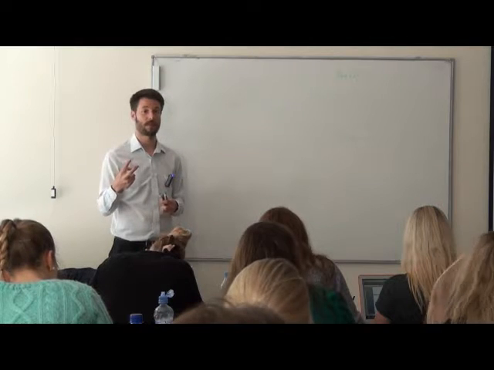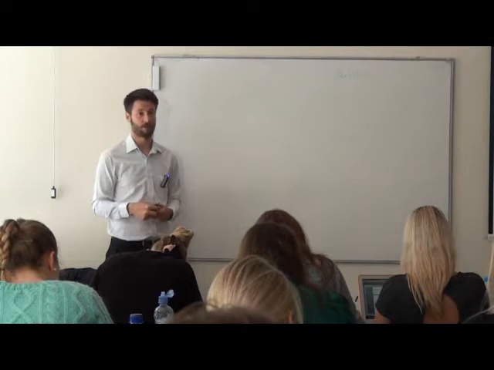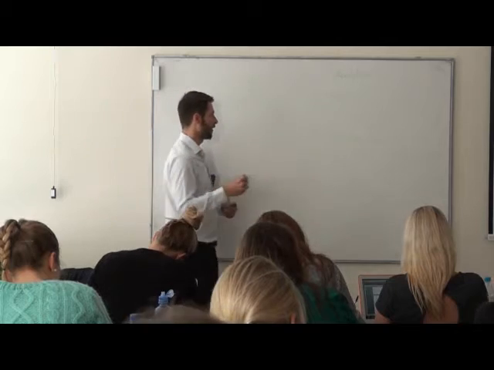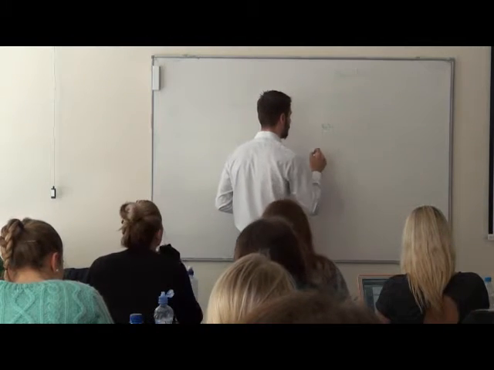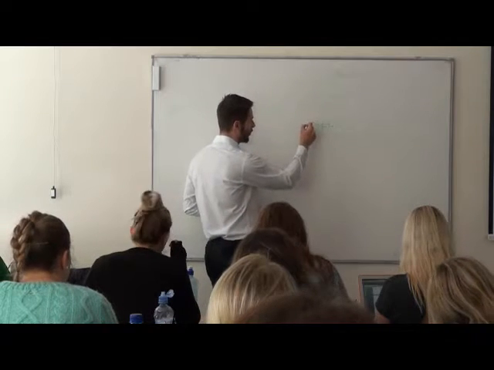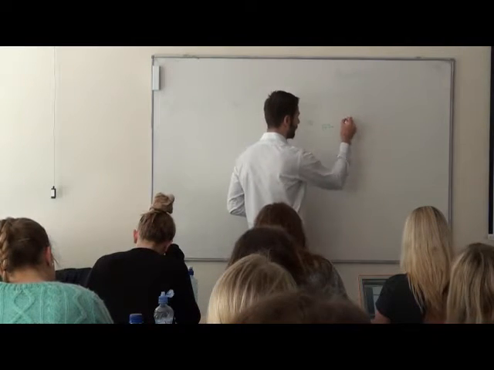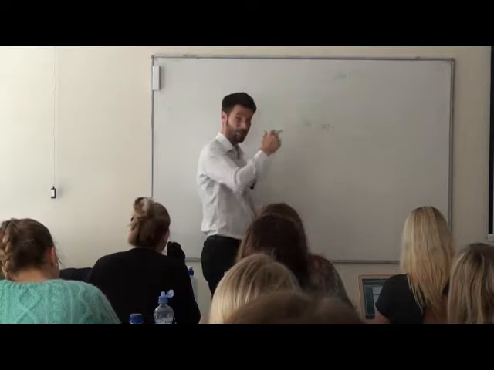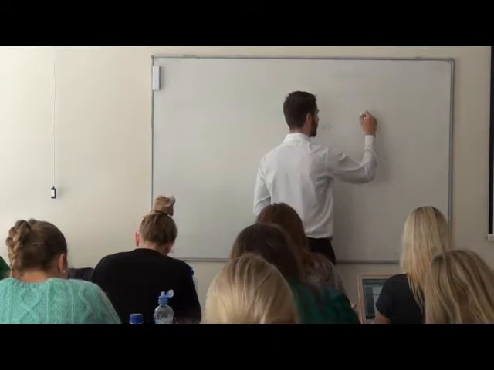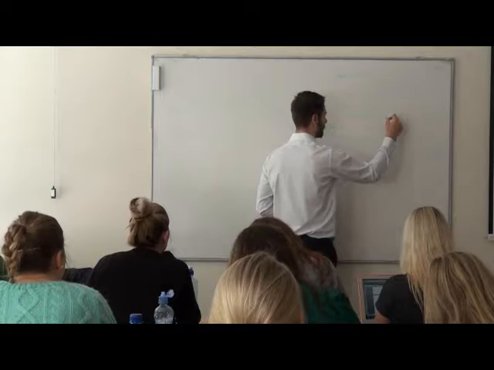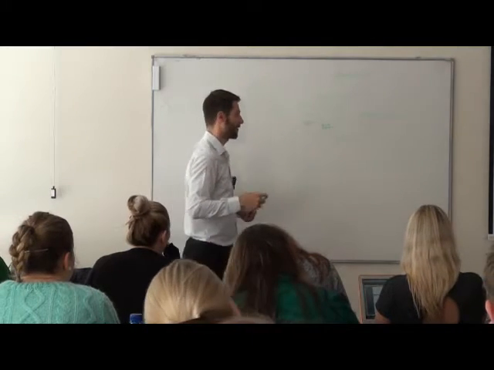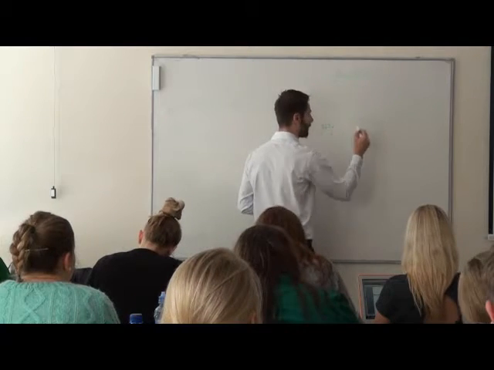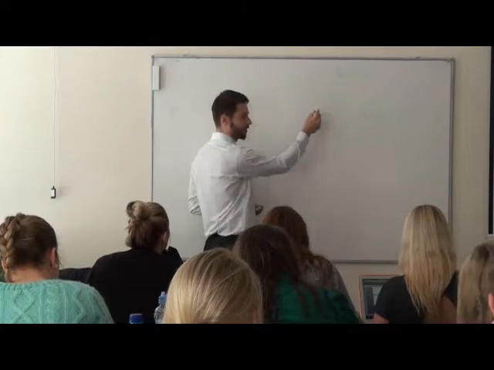So the iron needs to be oxidized first in order to bind to transferrin. So we have iron 3+ here. And the oxidase that we use for it, a lot of new names, is called hephaestin. This is the enzyme that oxidizes, yeah.